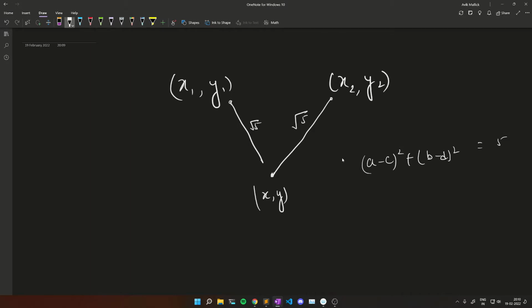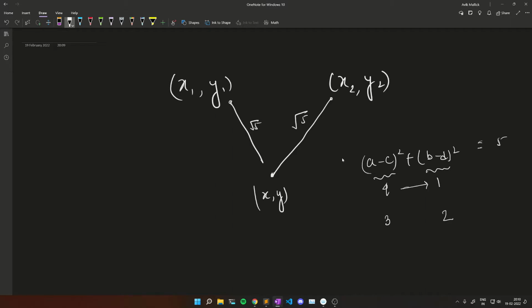So (a minus c) whole square plus (b minus d) whole square has to be 5, right? So that means there are two options: this value can be 4 and this value can be 1, otherwise this value can be 3 and this value can be 2.